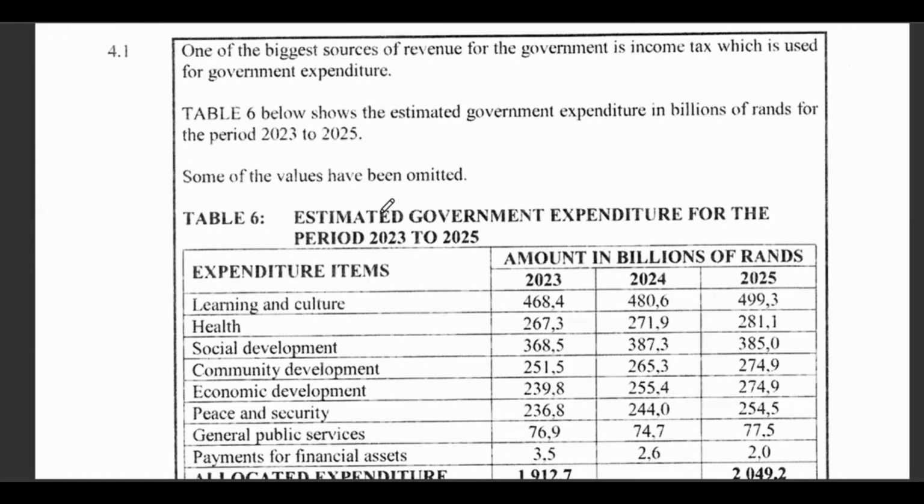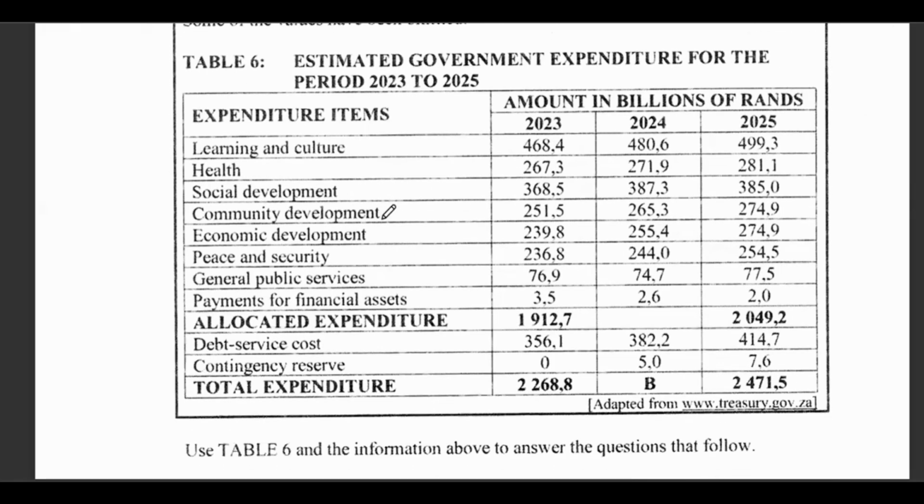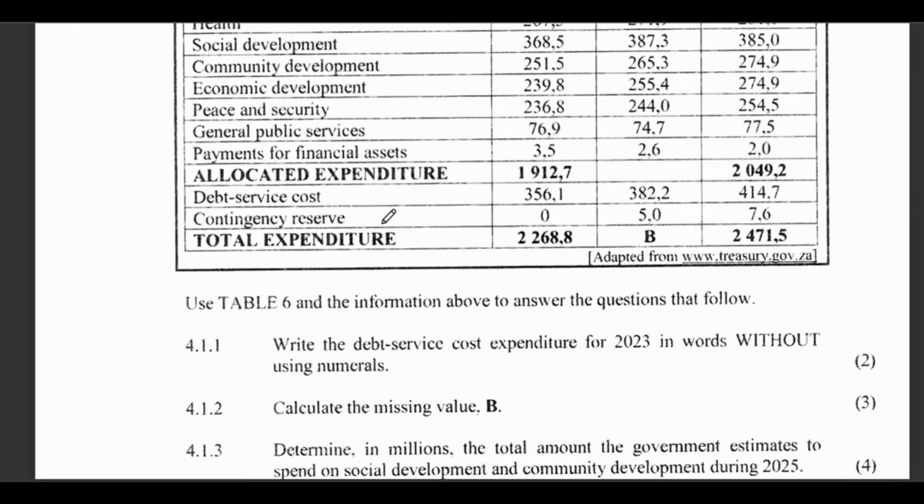All right. One of the biggest sources of revenue for the government is income tax, which is used for government expenditure. So they're telling us, write down the debt service cost expenditure for 2023 in words without using numerals. Numerals simply means numbers.